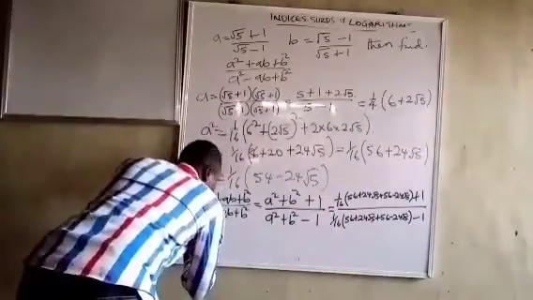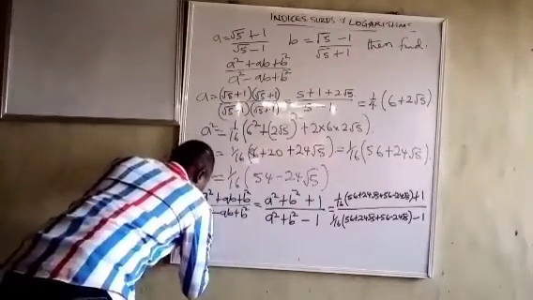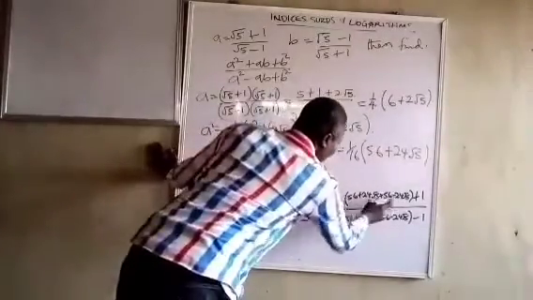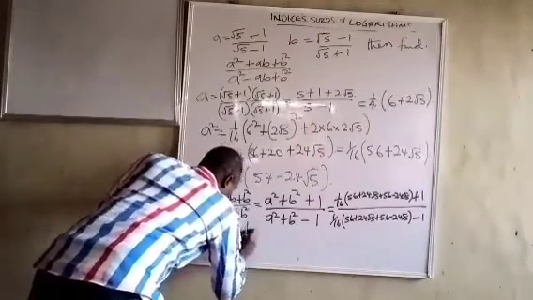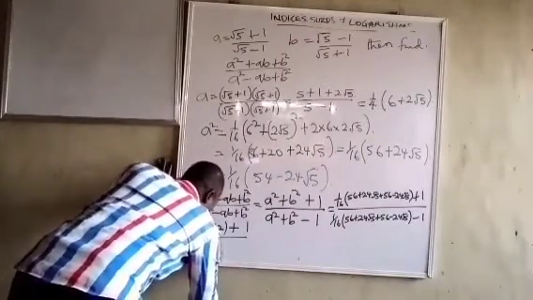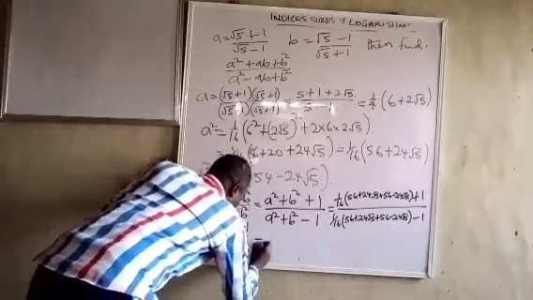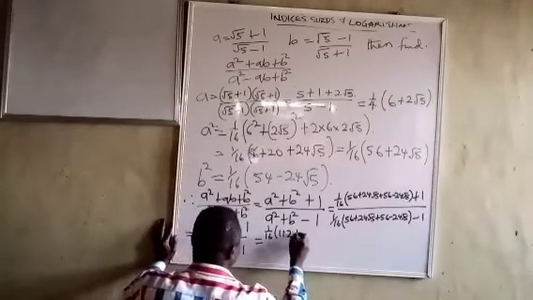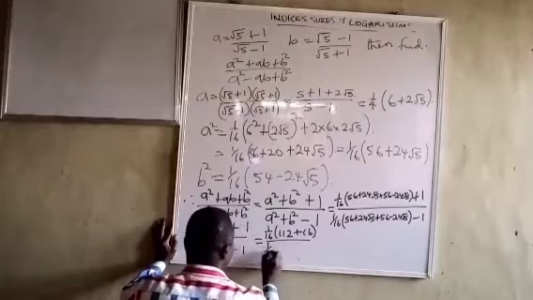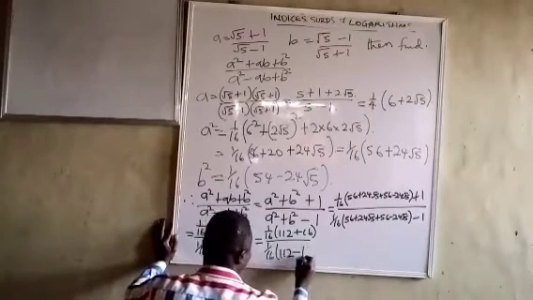Then this one cancels this out, so we have 112 here. 112 plus 1 over 1 over 16 into 112 minus 1. And that gives us 1 over 16 into 112 plus 16 over 1 over 16 into 112 minus 16.